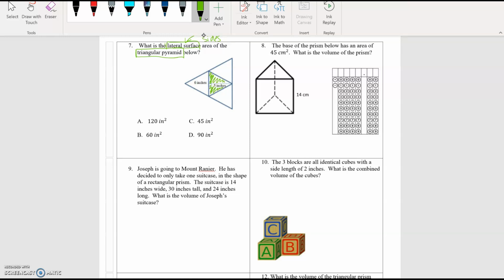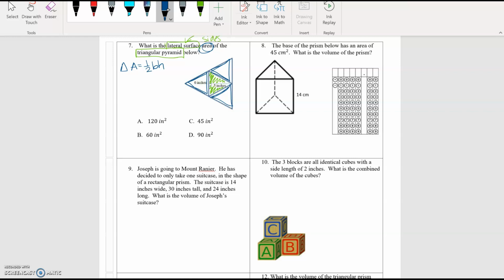So if that is my base, the sides are what would fold upward. Okay, so I'm looking for these triangles here. All right, and lateral surface area means I'm going to use my area formulas. So we're going to be using our triangle area equals 1/2 base times height.